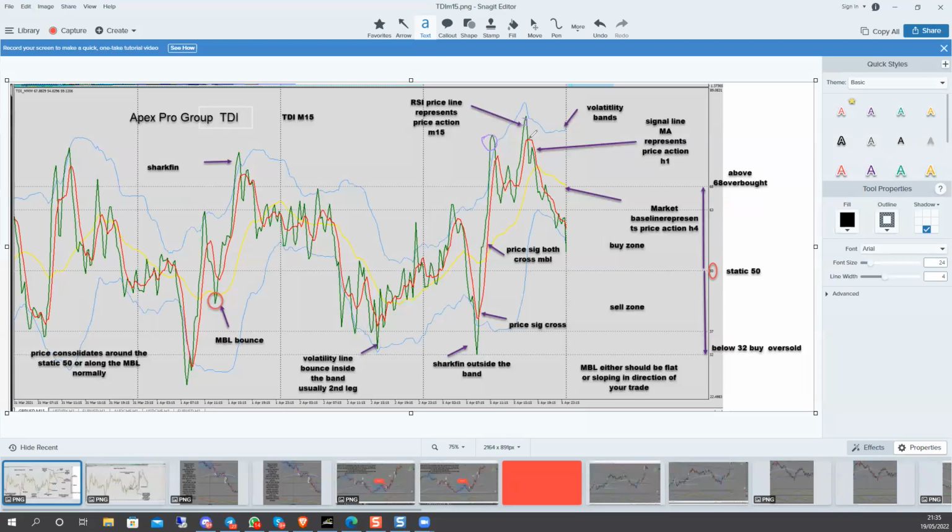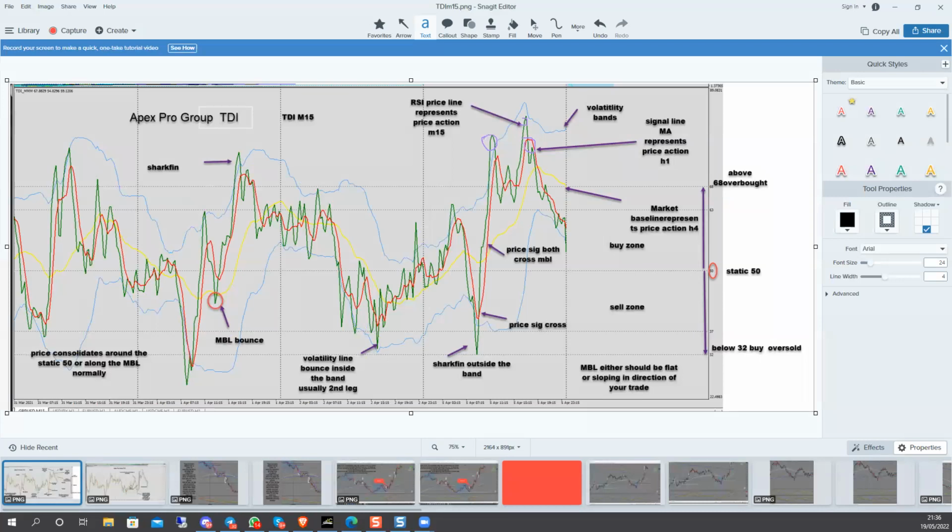And then we have the signal line, the red one here. This moving average represents price action on the H1. And then the slower one of the three, we have the market baseline, which prints the price action of the H4.